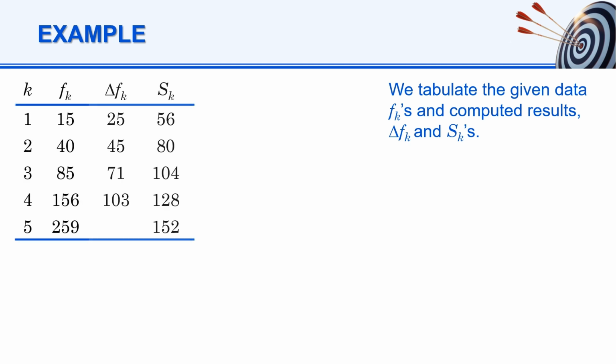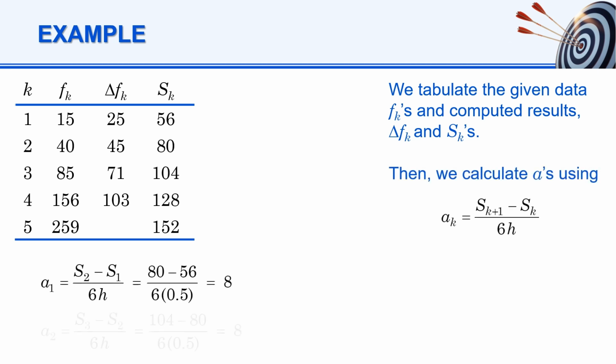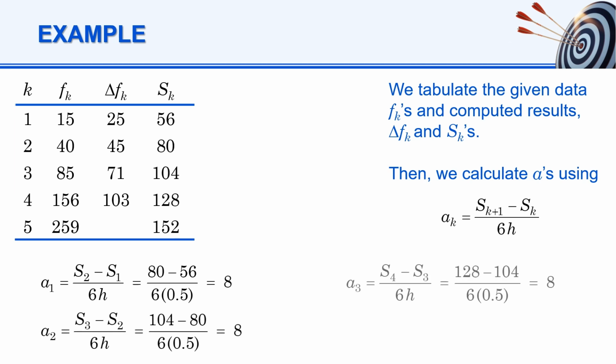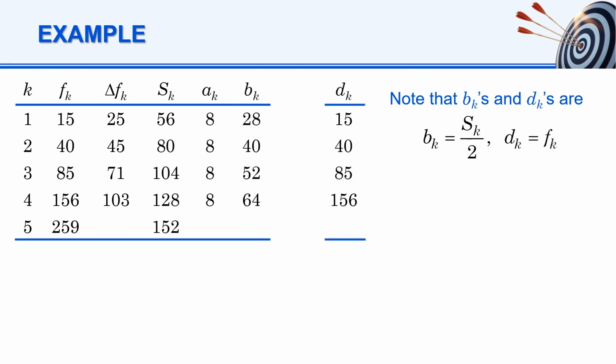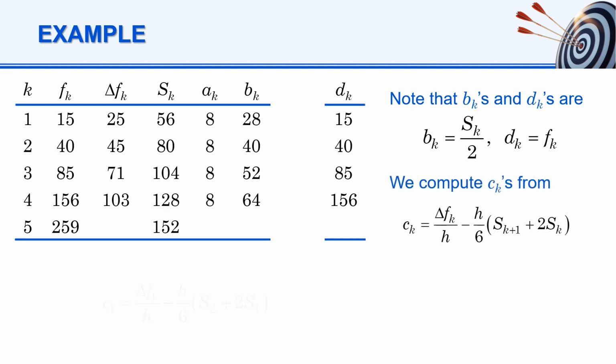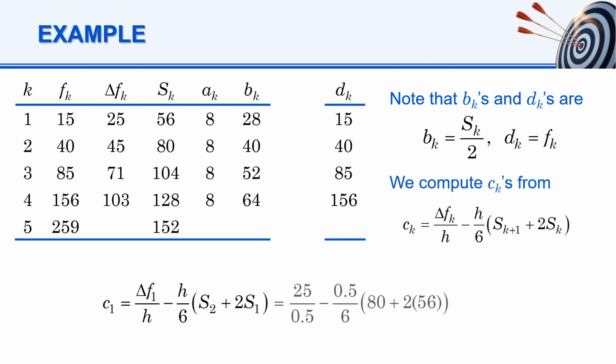Then we calculate a's using the following equation as follows. Note that bk's and dk's are. We compute ck's using the following expression.